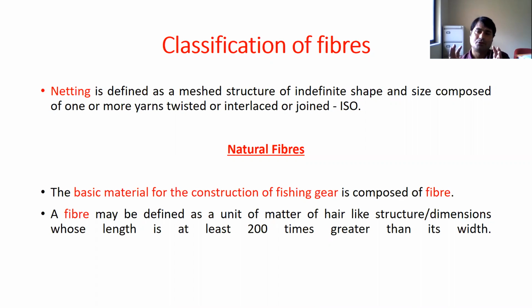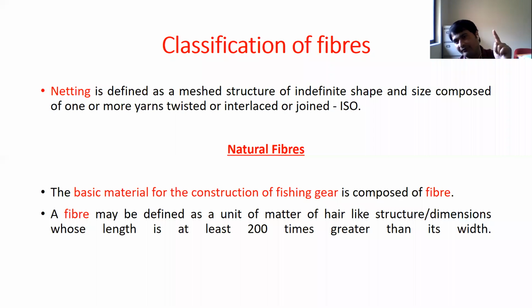And 2 to 3 single yarns are twisted together to form a netting yarn or netting twine, we can say. And 2 to 3 netting yarns are twisted together to form a cable yarn, or cable netting yarn.